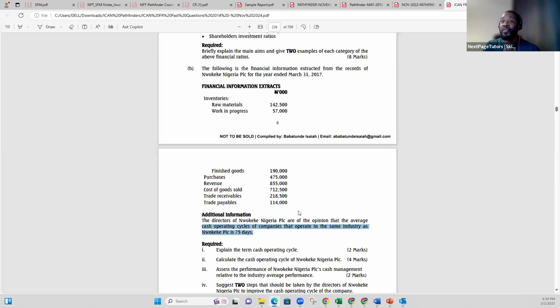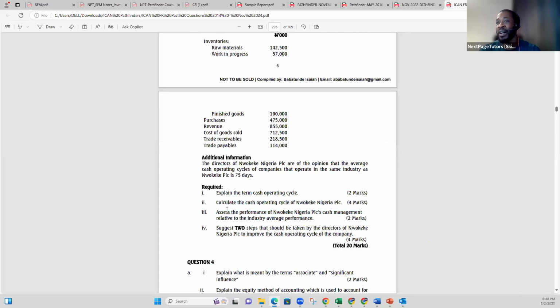You could say the number of days it takes you to convert your working capital to cash, and that captures it all. With that, we know you are referring to payables, receivables, inventory, all together. That's fantastic, and that's all they need. You probably don't need to explain whether the longer or the shorter the better, because that's what they want you to apply to earn more marks here.